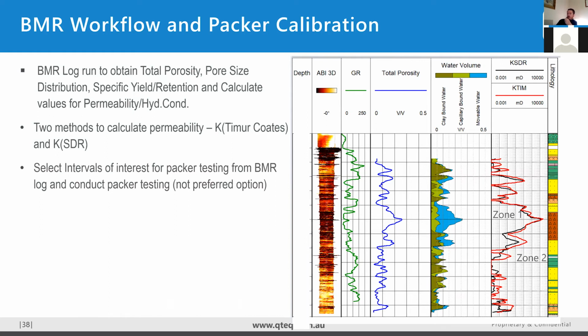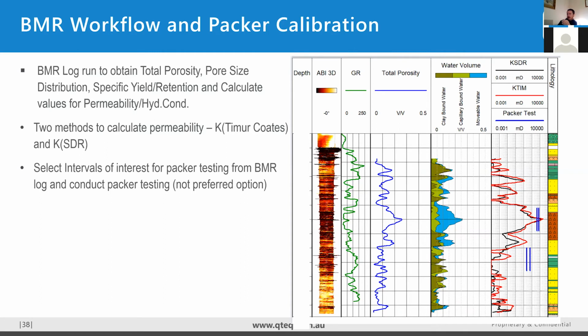This is an example that we have here where they ran a series of logs and they were running packer tests, and because time was critical, they didn't want to test everywhere, so they wanted to target particular zones. So they used the geophysics logs to get a proper depth measurement of the zones that they were interested in.